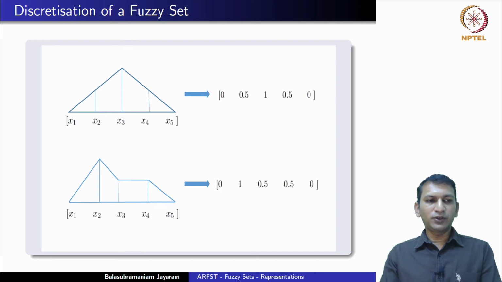It's a 5 component vector, a vector in [0, 1] to the power 5. Now that we have discussed discretization, in essence we are looking at a fuzzy set still as a function mapping the underlying domain x to [0, 1]. The x could be finite or infinite.